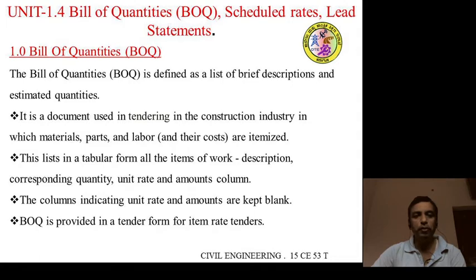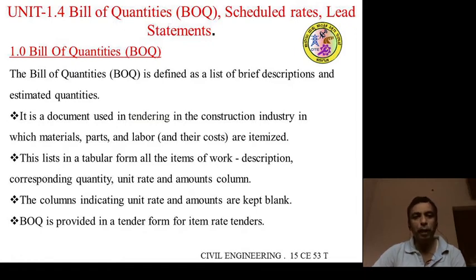That means different types of material, that is cement, sand, aggregates, steel, and also skilled and unskilled labor categories and their costs are shown in this document.